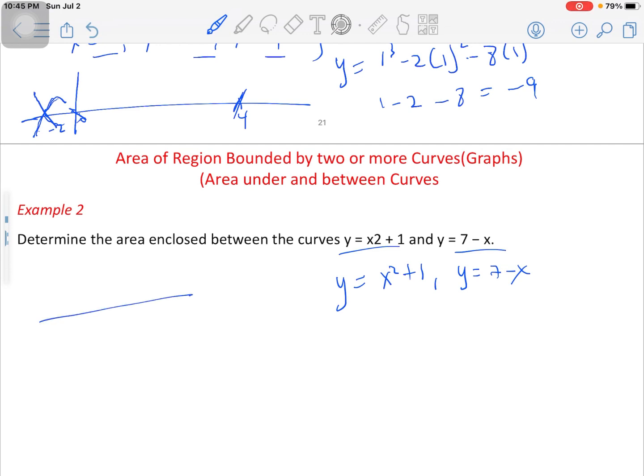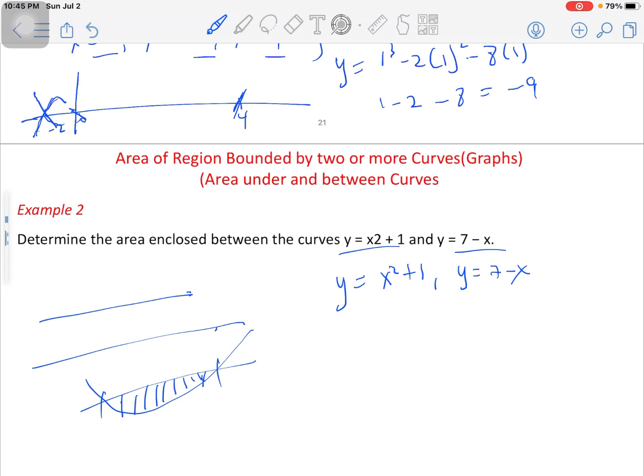For example, if there are two functions and both of them are going parallel like this, how can we find the enclosed area between these two curves? But if one is a straight line and one is like this, you can see that they meet at 1 point over here, and therefore we can get the opportunity to know the area between such curves.